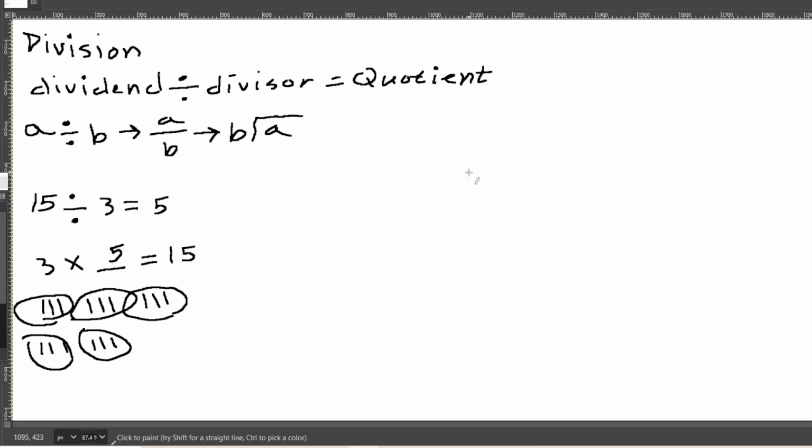So let's go ahead and do a couple more. Let's do maybe something like 90 divided by 10. So again, we could apply the same logic. We're going to use the divisor, 10 times blank, and the dividend will be our answer. So 10 times blank equals 90. Well, that's going to be 9, right?